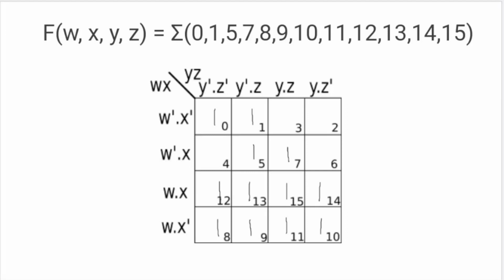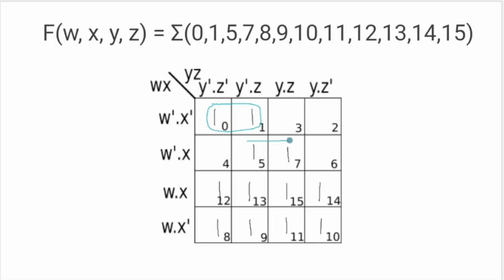For reducing the expression, first we have to mark pairs, quads and octets. A pair is a group of 2 cells. A quad, as the name suggests, is a group of 4 cells, and an octet is a group of 8 cells. So in this case, this is a pair, that is a group of 2.